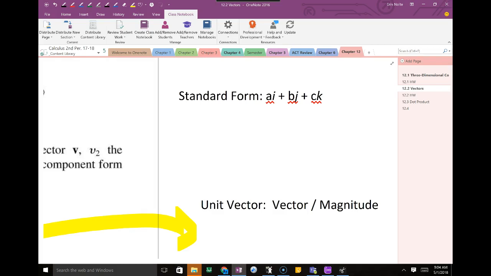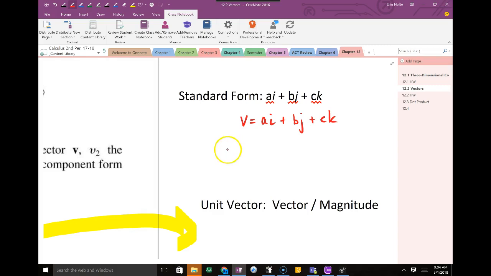For standard form, we're going to have ai plus bj, I, j, k. So all that's happening is instead of it written in component form with parentheses, they put it into an algebraic form where you can add like terms together.